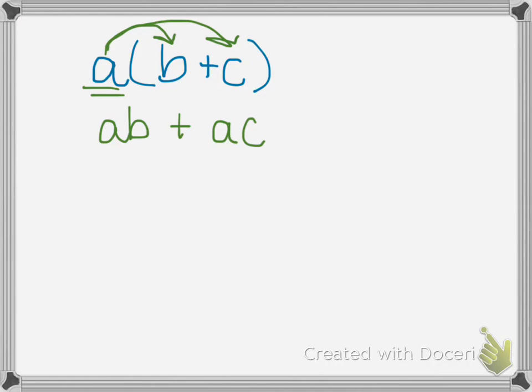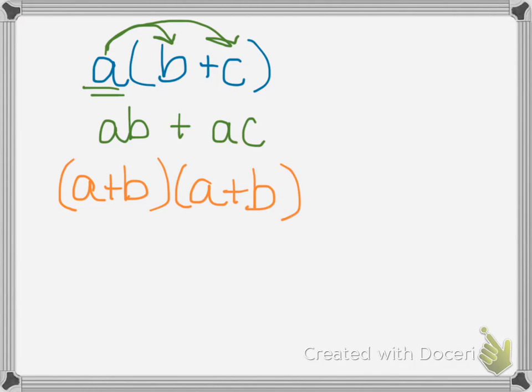So how's that going to work with this slightly more complicated, let's use a different color so it stands out. Orange. Okay, so what if I have A plus B times A plus B? How am I going to use this distributive property here on these expressions down here? Well, I'm going to think of a plus b, this one right here, as just one thing.